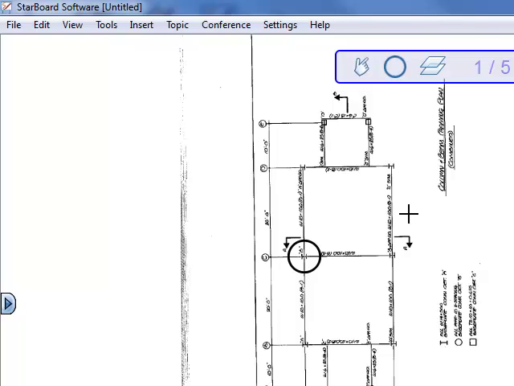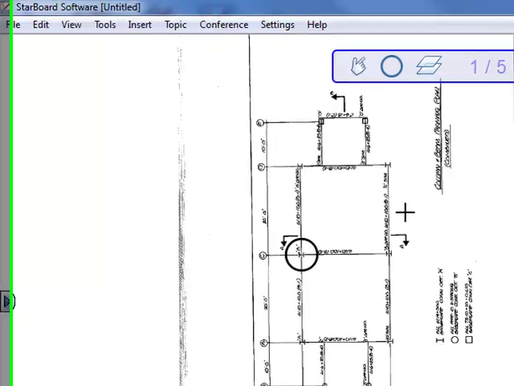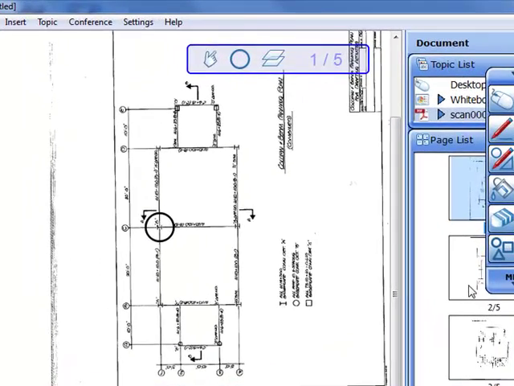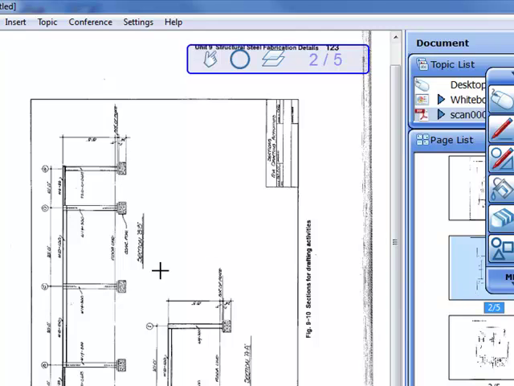Then, to get your other information for that problem, you will need to look at the other pages, and you get information here because there's column C in that section view, and then there's more information on the following drawings.